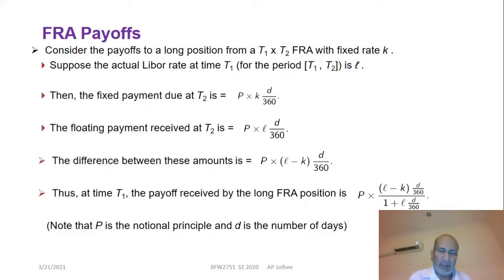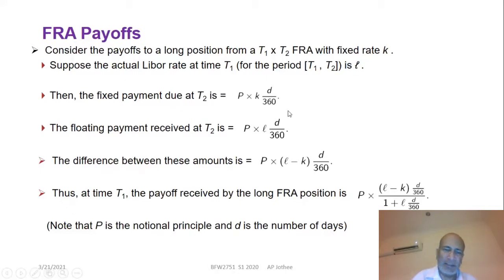Then the fixed rate payment due at T2, at the end of the expiry, is principal times K times the number of days over 360, if it's not Germany, Britain or Australia. The floating rate payment is P times LIBOR times the number of days over 360. Remember, K is the rate, the fixed rate. Number of days over 360 is the fraction. You have to calculate with that first before you multiply it by the principal.